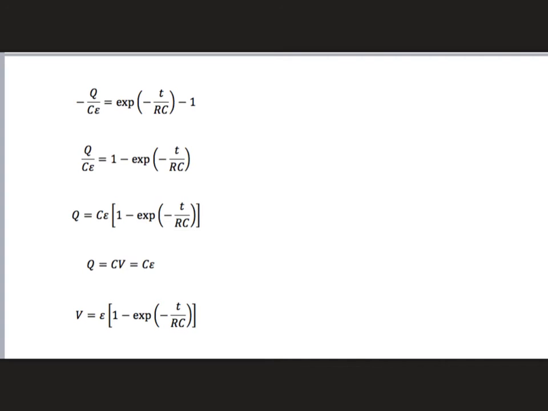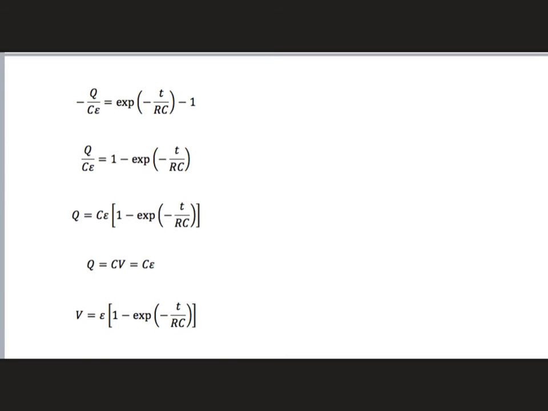And also, let's not lose sight of what it is that we actually have here. This expression is the charge on the capacitor as a function of time. This is Q as a function of time.